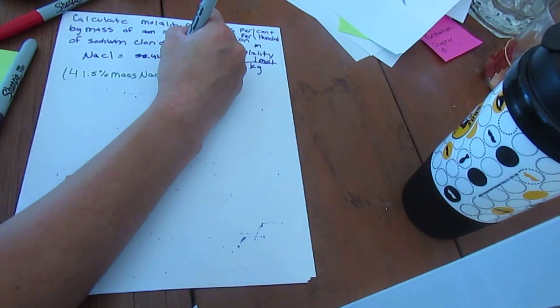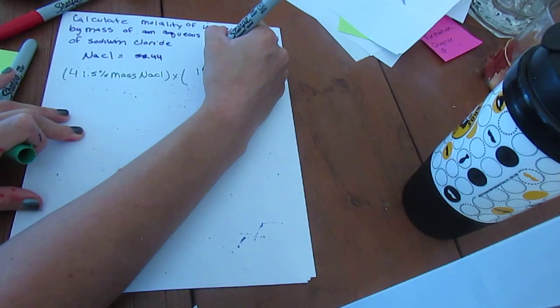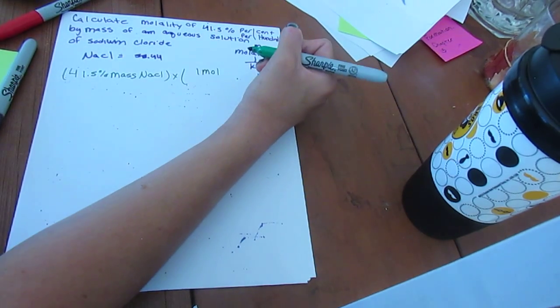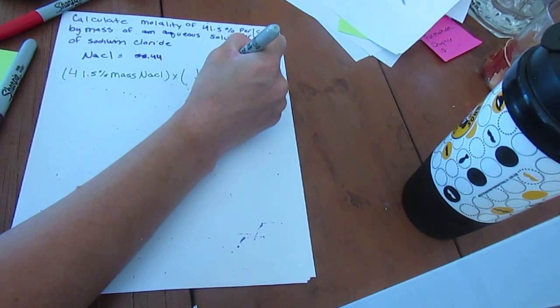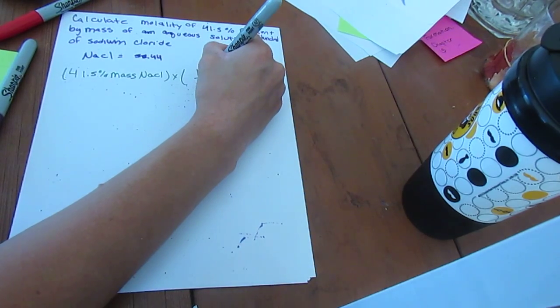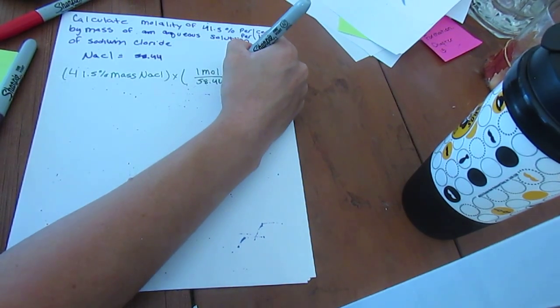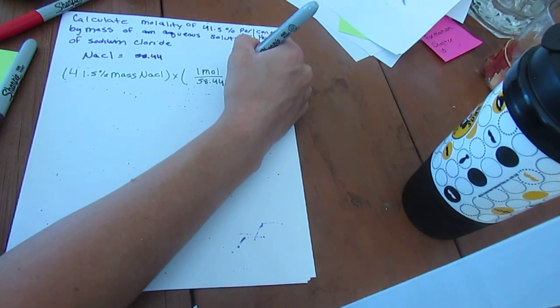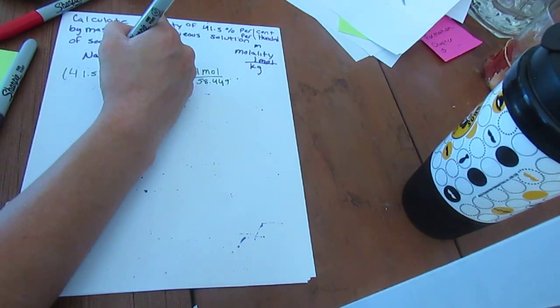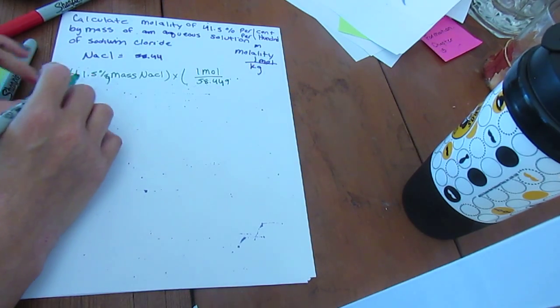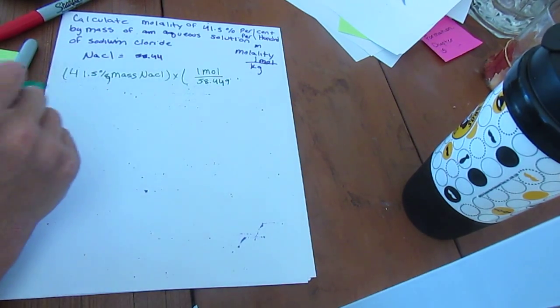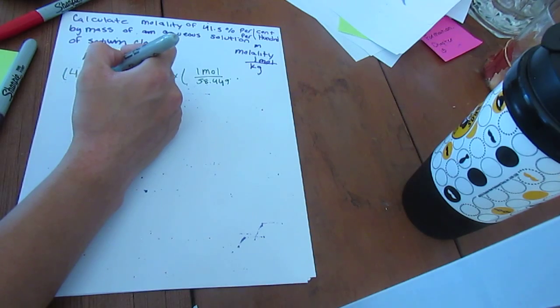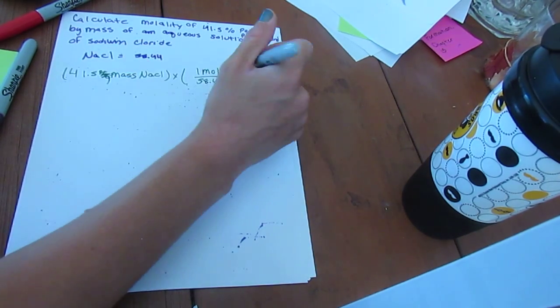I'm going to multiply that by my conversion factor of 1 mole over 58.44 grams, basically grams per mole, but we'll put grams. Think of it as a percentage, but since we're doing it at 100, you can automatically do it just as grams.